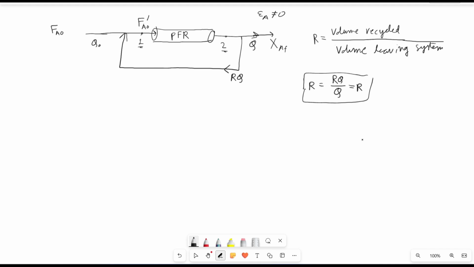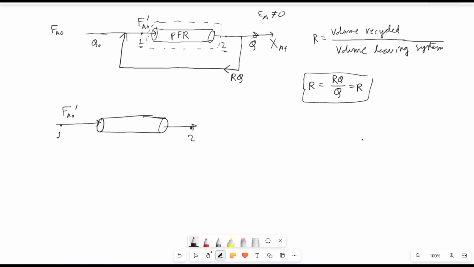Now, we consider the PFR as the system of interest. Then the inlet is Fa naught prime, where this inlet point is point 1 and this outlet point is point 2.